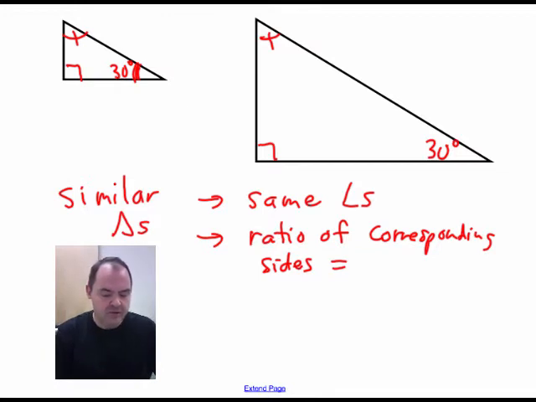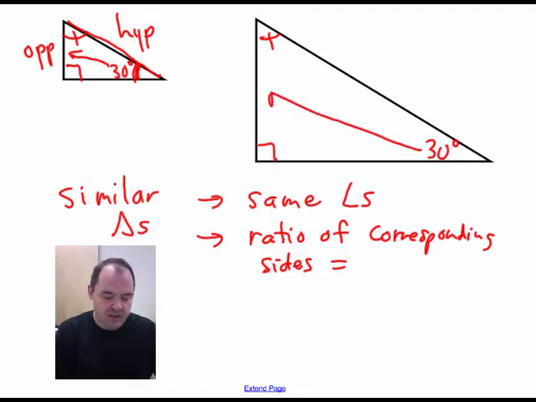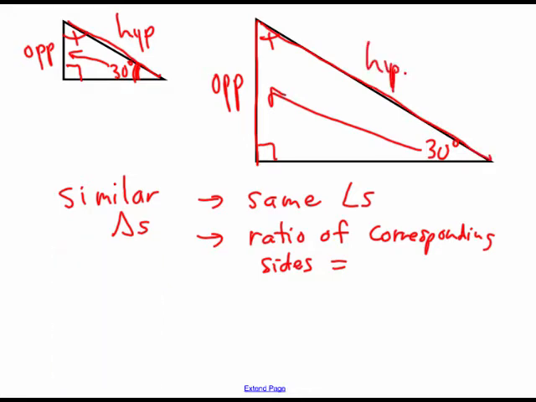So in my first triangle, if I were to measure, for example, the side opposite from 30, and the hypotenuse, that should mean that I would get the same ratio as if I measured the opposite side in this triangle and divided it by the hypotenuse. Well, you remember that the ratio of opposite to hypotenuse from Sohcahtoa is the sine ratio. So what I'm saying is that the sine ratio, given a 30-degree angle that I'm looking from, the ratio of opposite to hypotenuse should be the same.